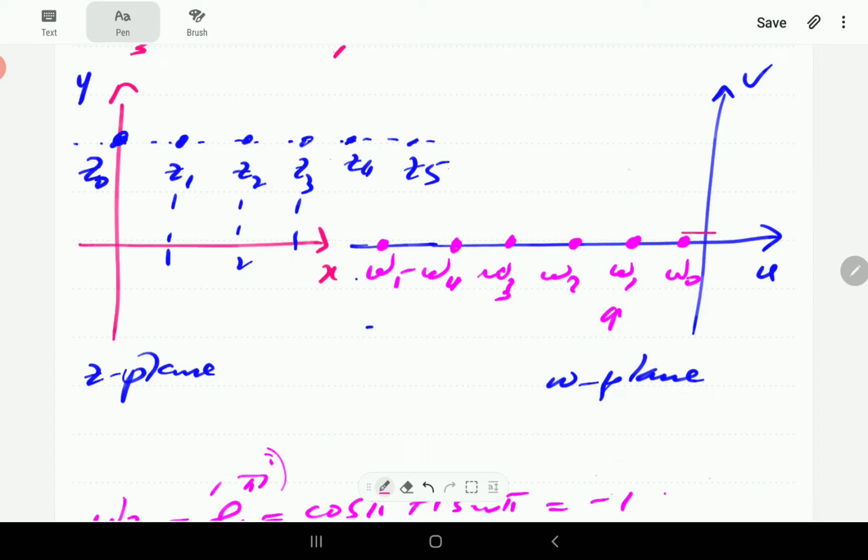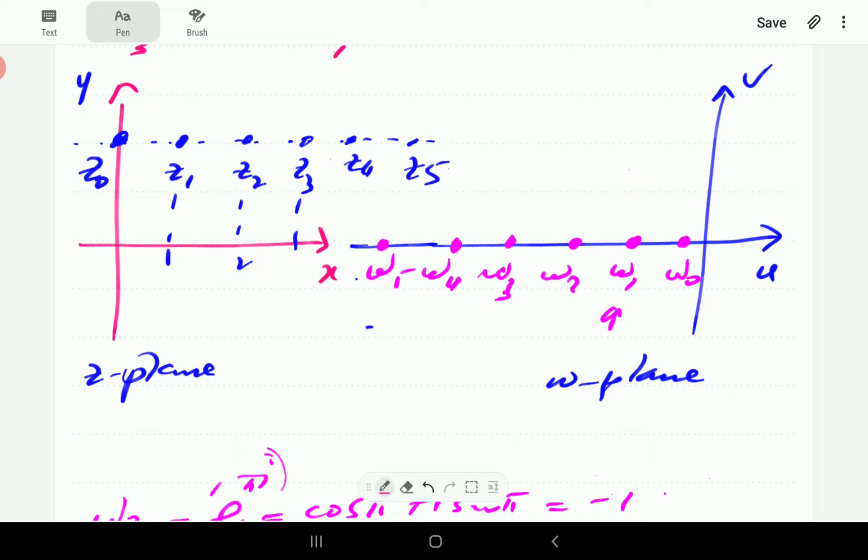So this one onto this one, this one. While here they are from left to right, here the images are from right to left. This is a horizontal straight line, and here the images are still on a horizontal straight line.